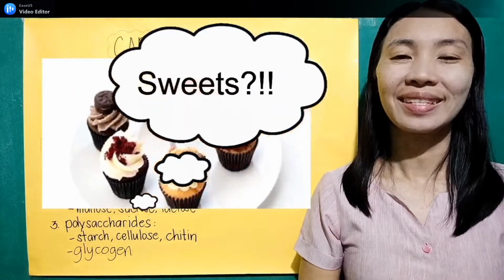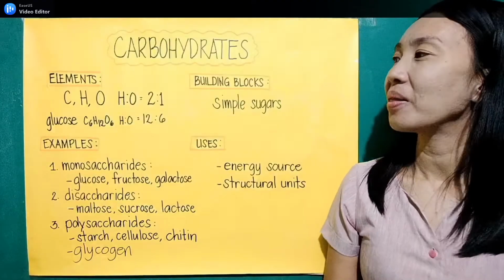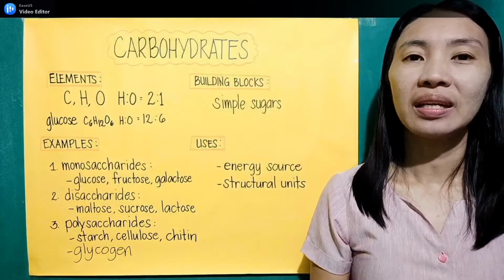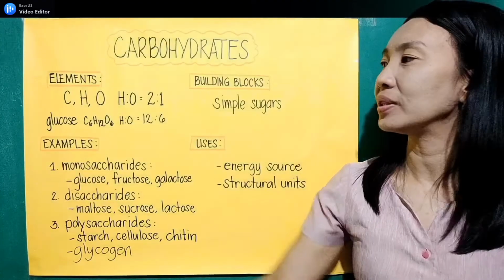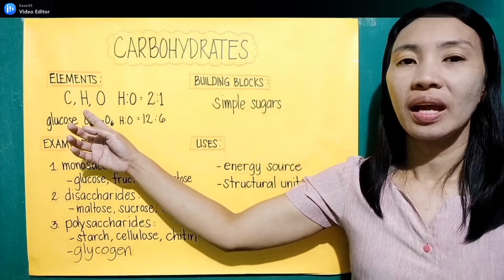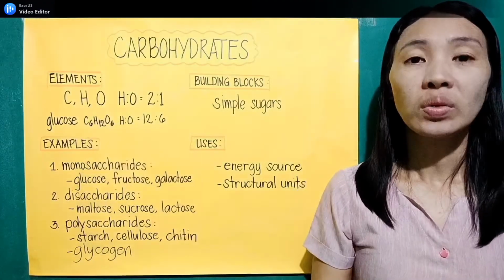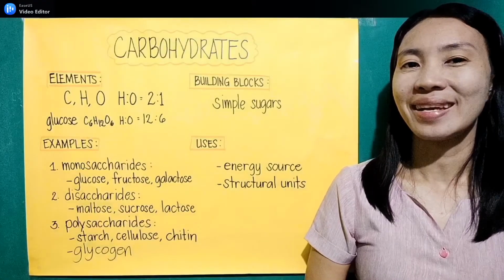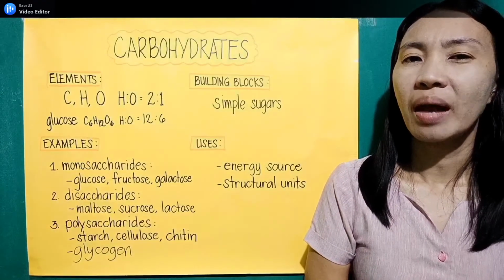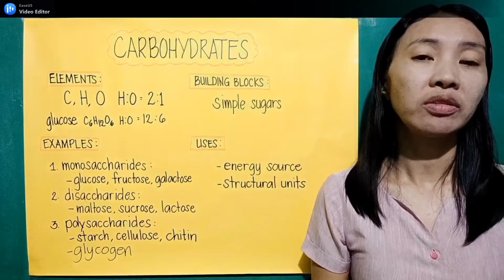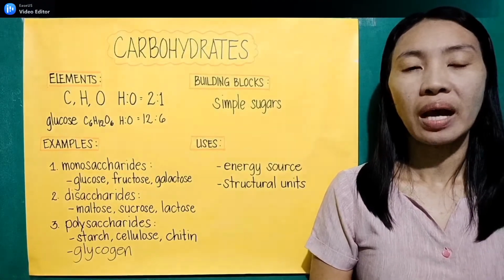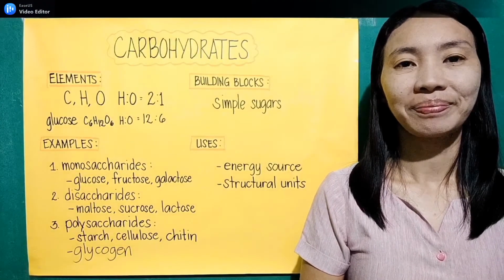Sweet things. You're right. The elements that are found in a carbohydrate molecule include carbon, hydrogen, and oxygen. Those are the only atoms that you'll see. So when you look at a chemical formula for carbohydrate, you'll only see 3 types of elements in it.